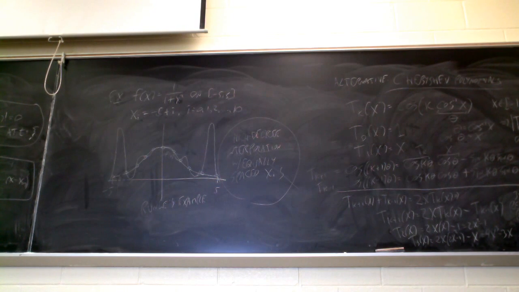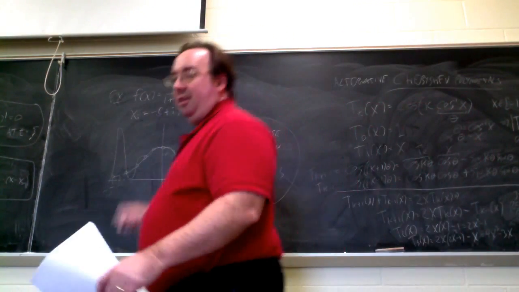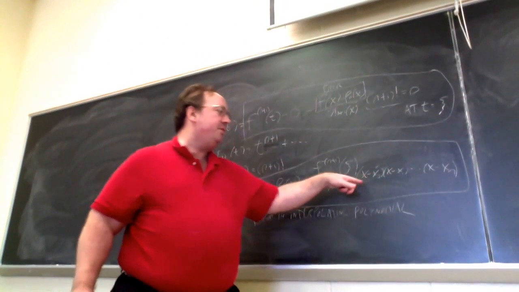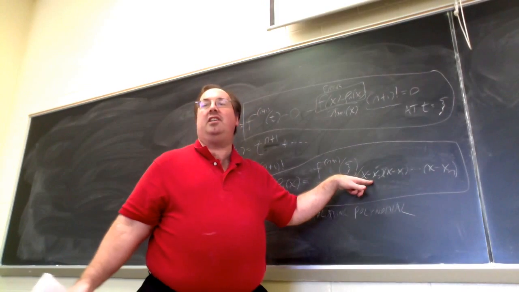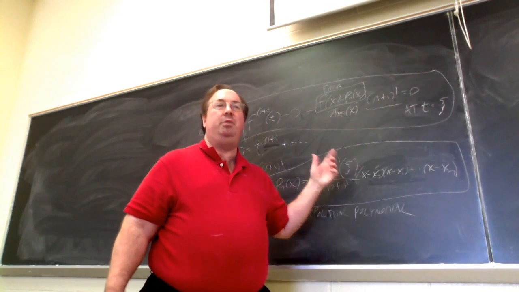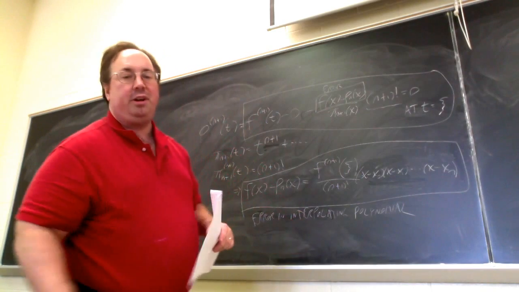Outside of that interval they have a similar definition using hyperbolic cosine, but we're not going to get into that here. So the point is, they're bounded, because one of the problems with this error formula is you have this product of these linear factors, and that could get large. If we could control the size of these, that would help reduce our error. So that's why we're doing this.